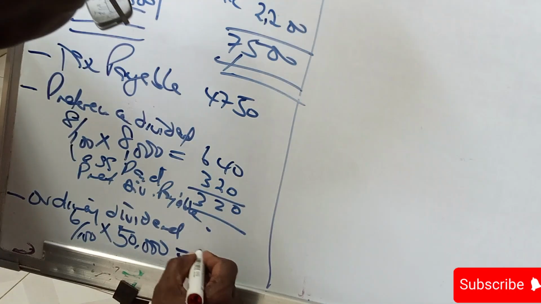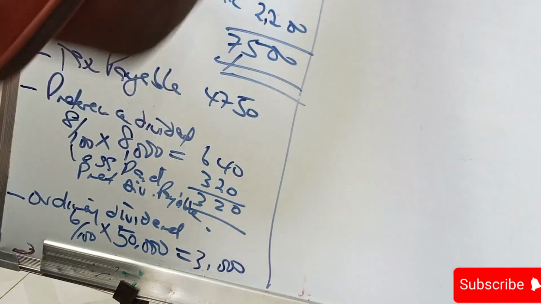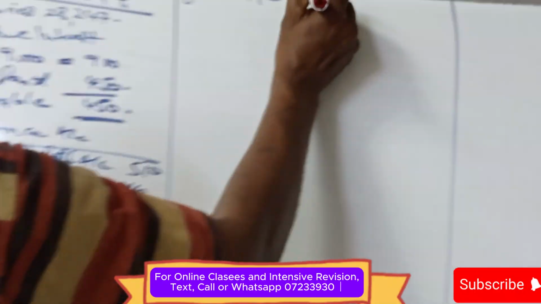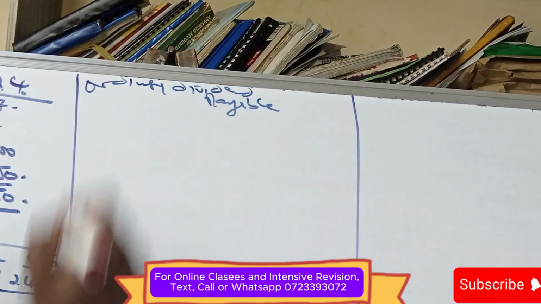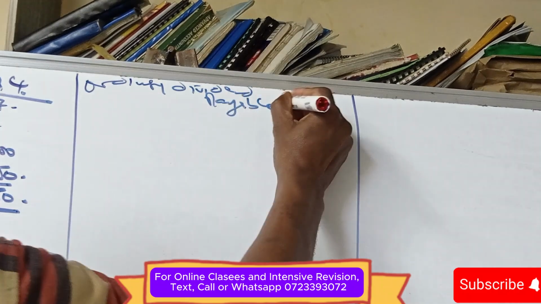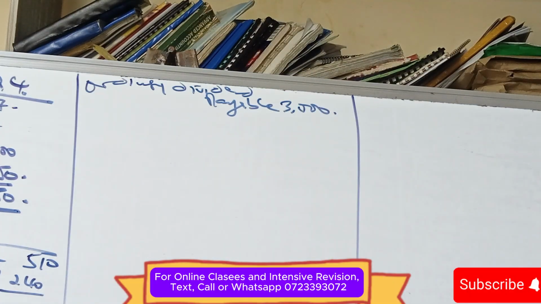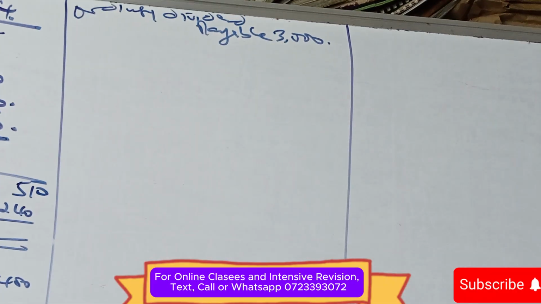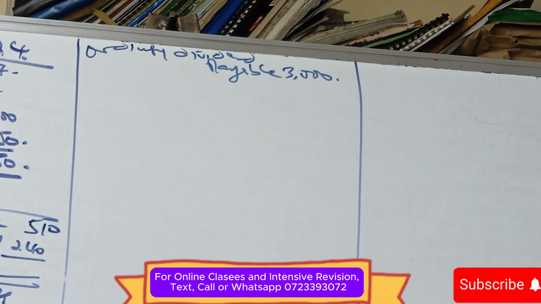So the ordinary dividend payable is 3,000. Capture them because you will need them when you are doing the balance sheet.